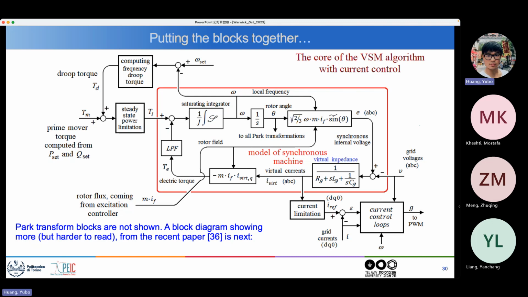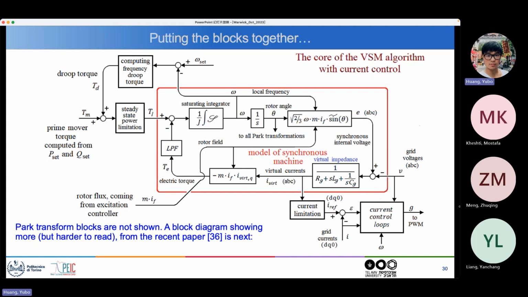Namely, you need communication lines from each generator to some central controller, which receives the omega from each generator, and then computes a weighted average of all these omegas, which is called the center of inertia frequency.